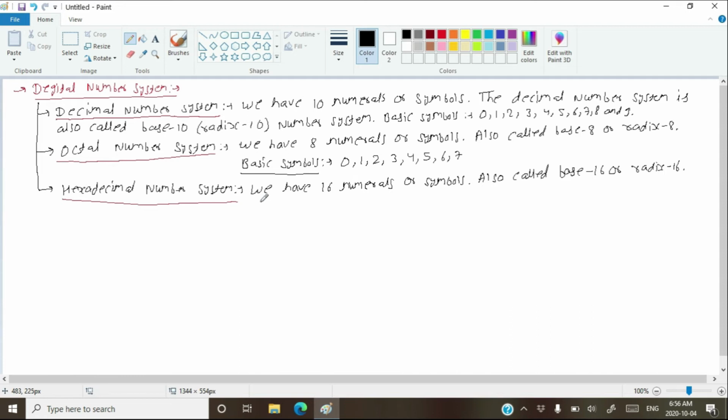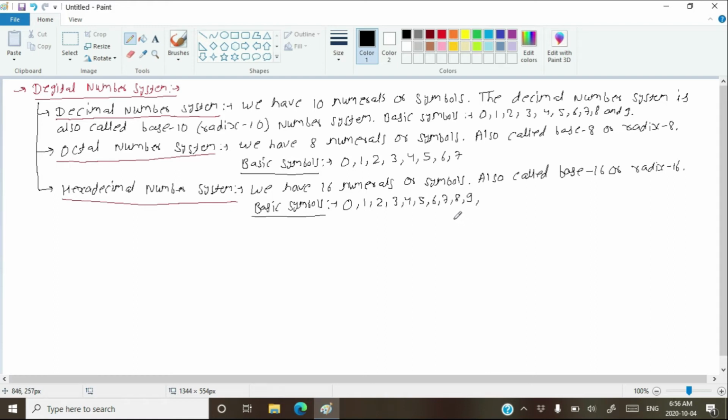Okay. Now the question is, what are the basic symbols used in the hexadecimal number system? Can you tell me? Yes. Starting from 0, 1, 2, 3, 4, 5, 6, 7, 8, 9. But up to 9 we have only 10 symbols.